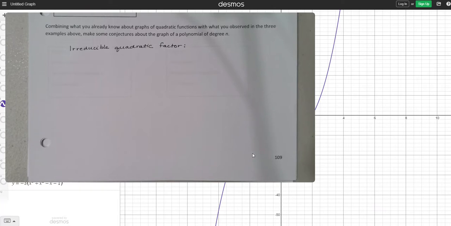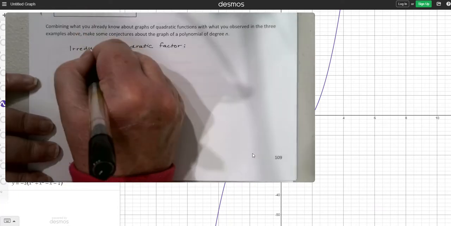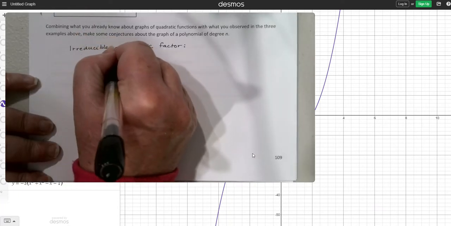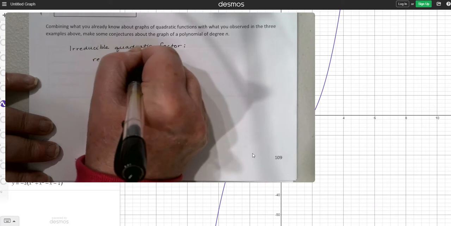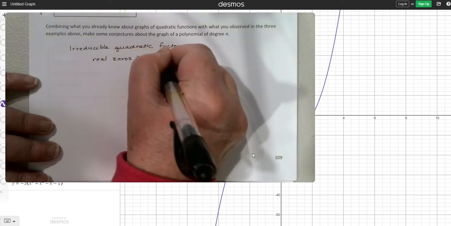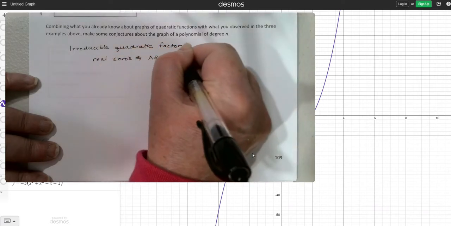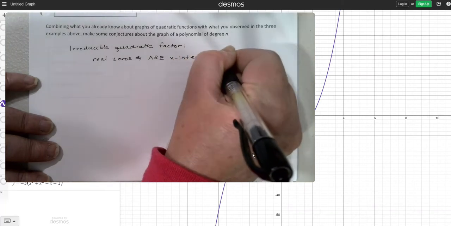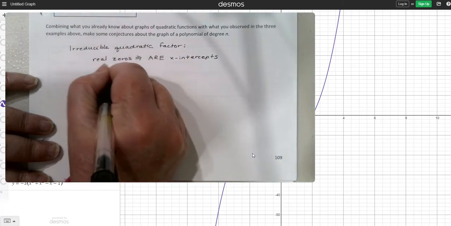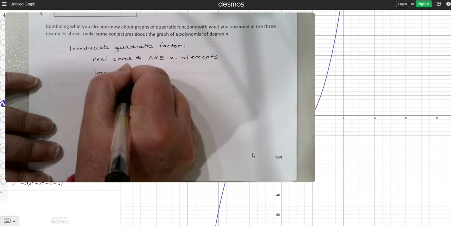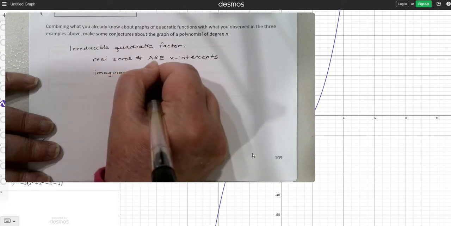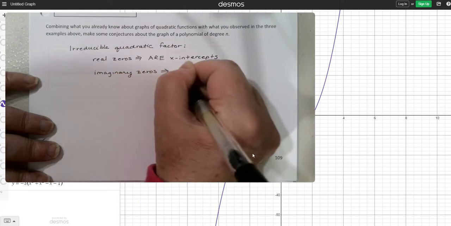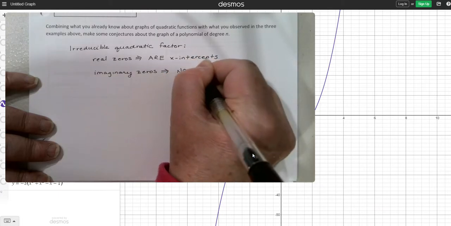If we set it equal to 0 and we get real values, then we do get some more x-intercepts. So real zeros, these are x-intercepts. If we get imaginary zeros, there are no new x-intercepts.